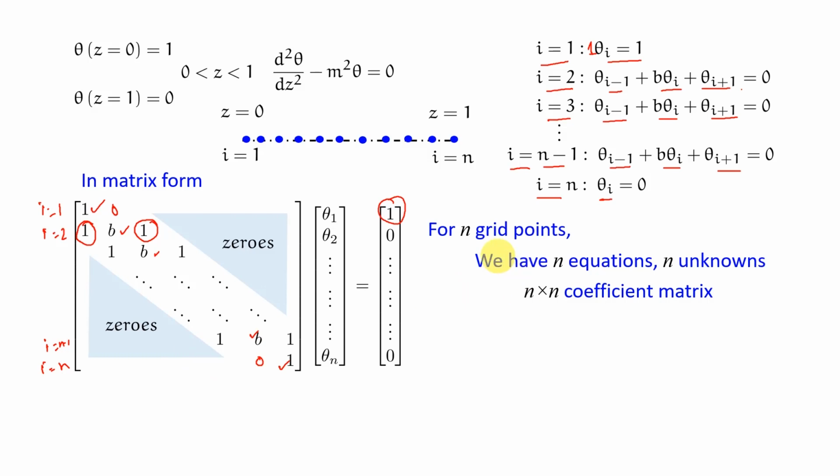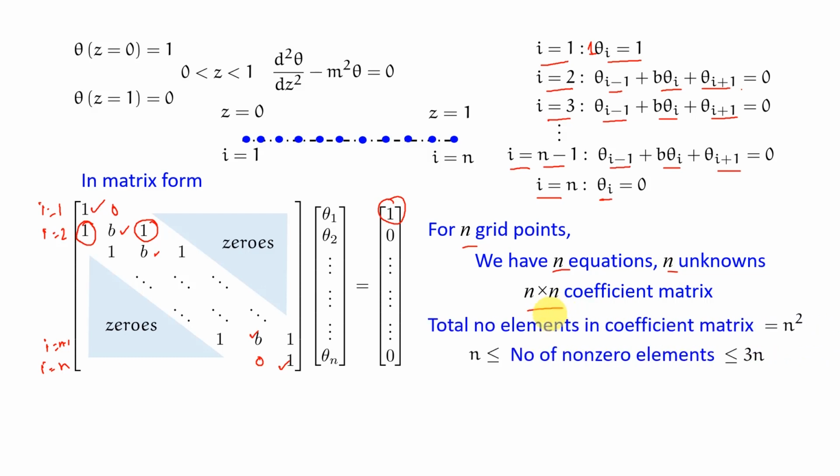Here I have n grid points, so we have n equations, n unknowns, and an n by n coefficient matrix. The total number of elements will be n squared. However, the number of non-zero elements could be, at best, about 3 times n or so. It would actually be less than 3 times n; it can't be greater than 3 times n.